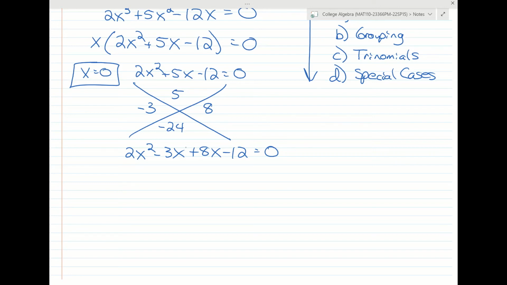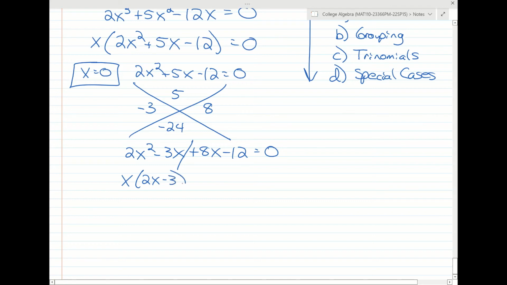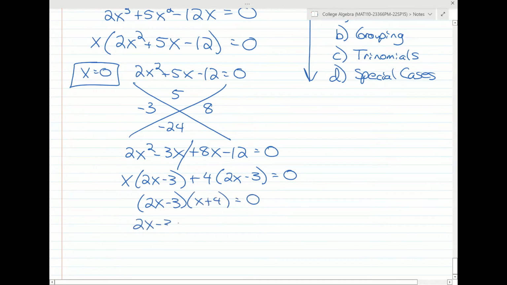Cut it down the middle, take out an x. We get 2x minus 3. We could take out a 4. We get 2x minus 3. So factoring like we always do. And then setting the factors equal to 0.